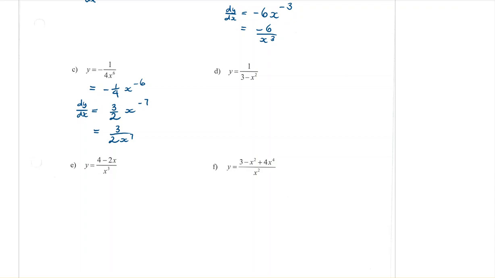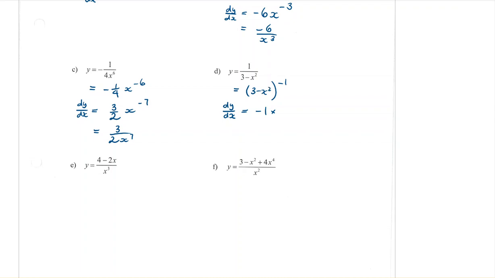Part D. When I have 2 terms on the bottom of the fraction, to rearrange that, you want to put the 3 minus x squared in brackets, and the whole thing would be to a power of negative 1. So then I can differentiate that using my shortcut chain rule method, which is to bring the negative 1 power to the front, multiply by the derivative of the bracket, which will be from the minus x squared term here.